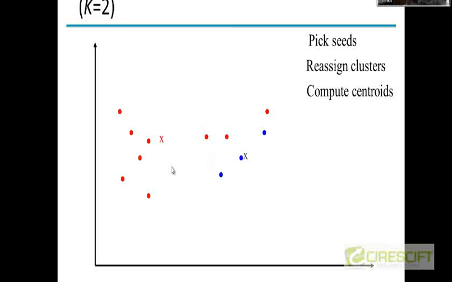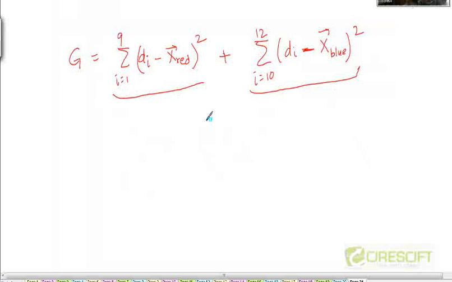Let's just focus on the red cluster, and we are looking at the centroid here. Now here's my question: what should be the coordinate of x red? Forget for a moment that this is the centroid. Let's say any arbitrary point P.